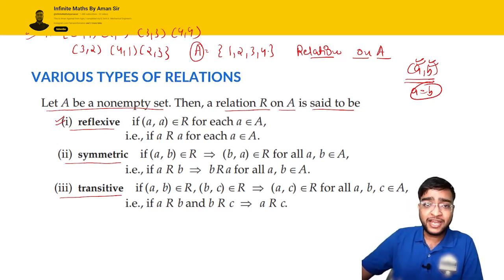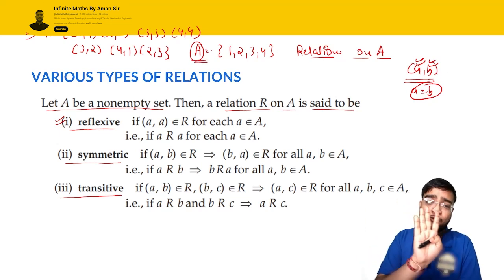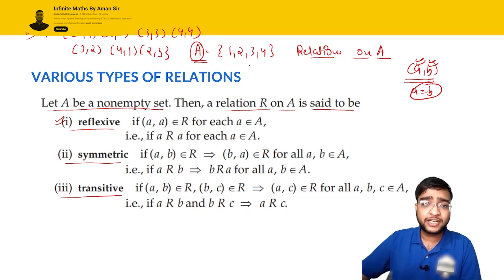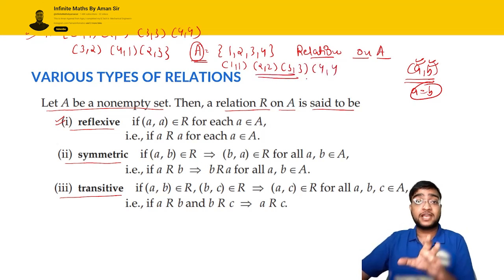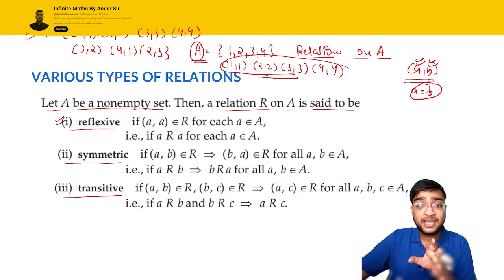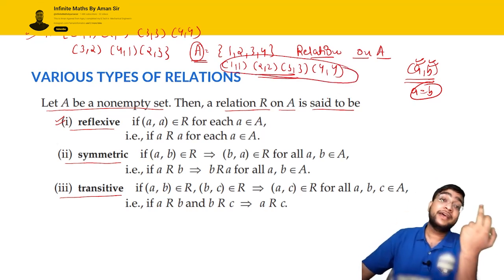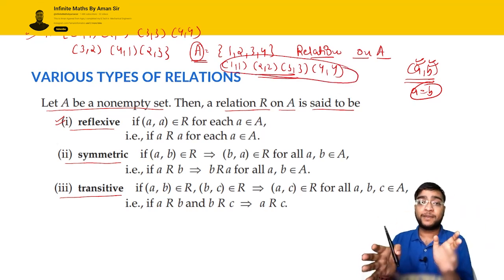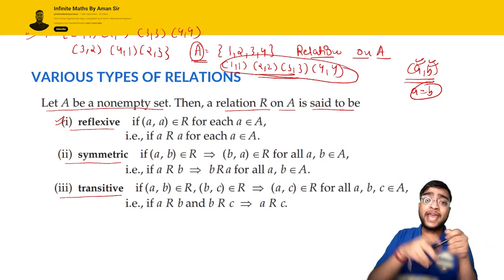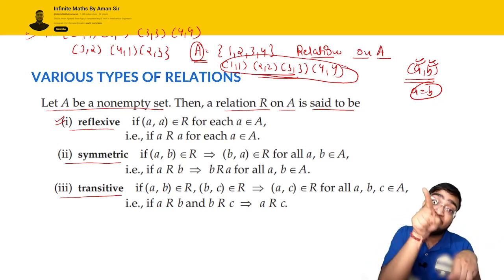With the help of this set, there are only four identity pairs: (1,1), (2,2), (3,3) and (4,4). It is a must that these four pairs are in my relation. If these four pairs are in my relation, then I must call this relation a reflexive relation.